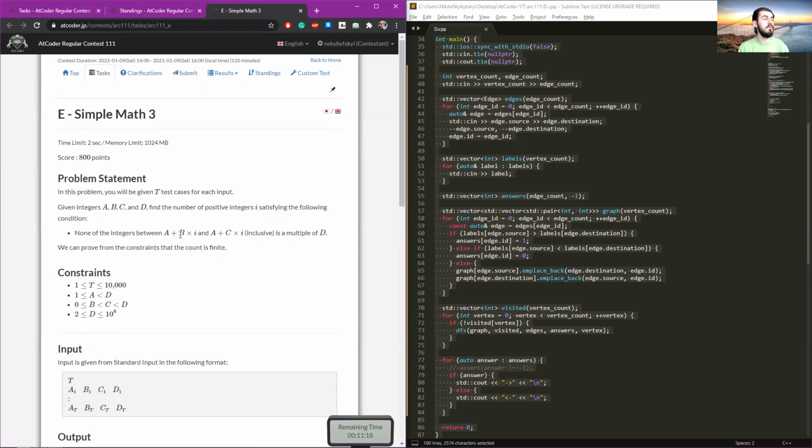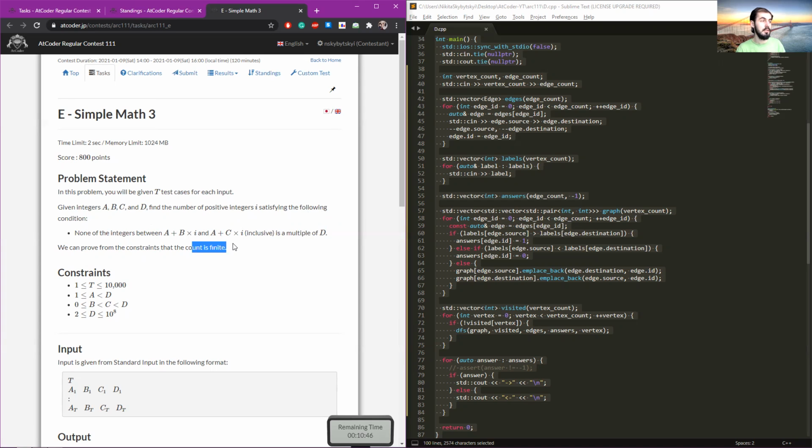Or no. These intervals need not be adjacent. I believe there is some sort of smart solution to this.